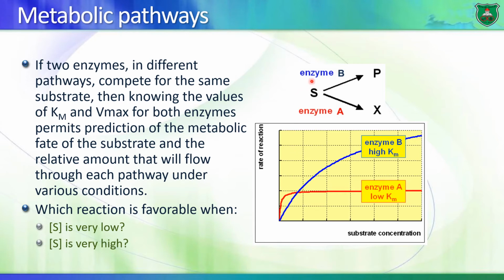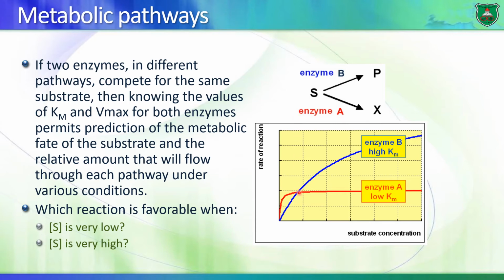So let's say that you have substrate S, and this S can either be catalyzed by enzyme B converting it to P, or by enzyme A converting it to X. Now, how do you know what the cell decides? Does it want to convert S to P or S to X? Does it want to activate enzyme B or enzyme A?